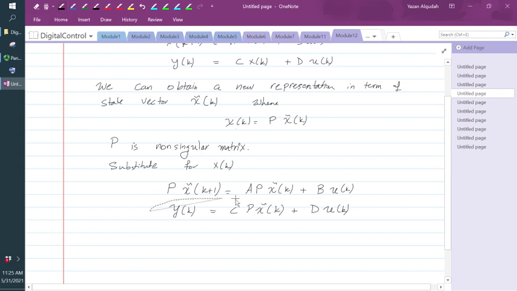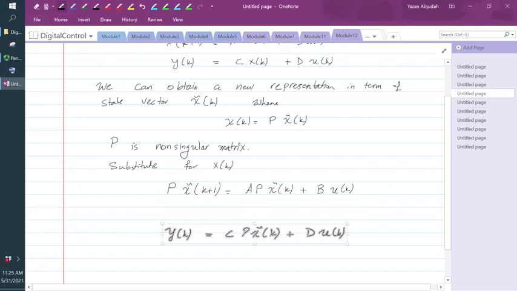I'm going to get x tilde of k plus 1 equal to P inverse multiplied by A multiplied by P multiplied by x tilde of k plus P inverse multiplied by B multiplied by u of k.